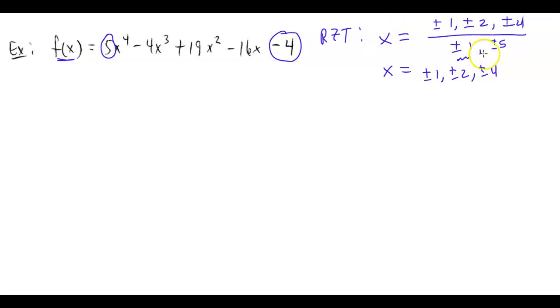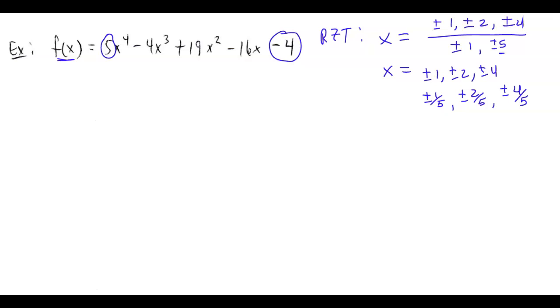And if we do the same thing by dividing everything by 5, then we're going to have ±1/5, ±2/5, and ±4/5.